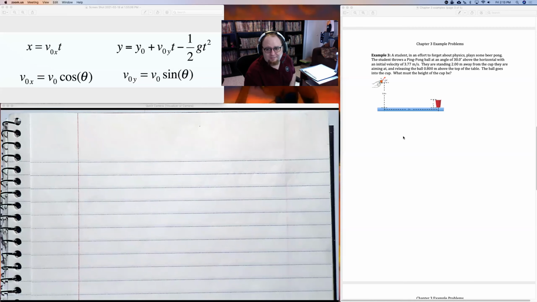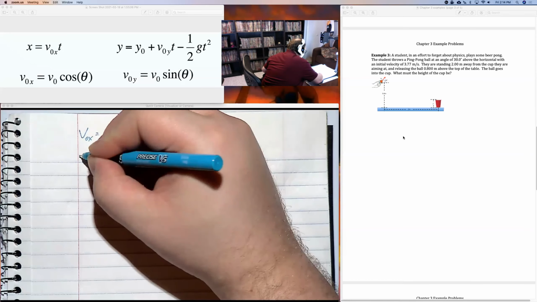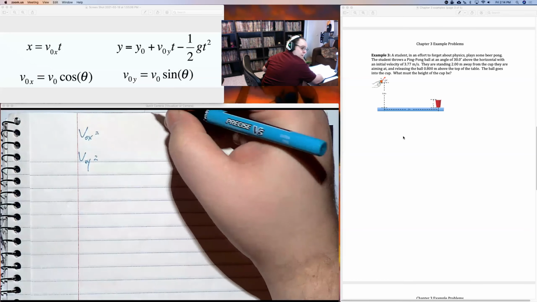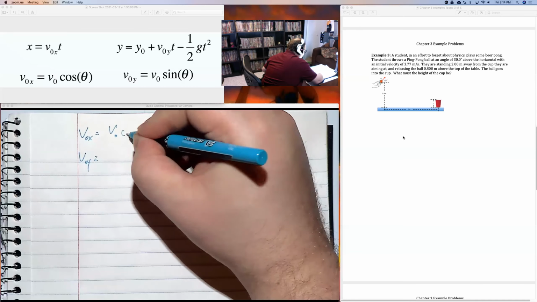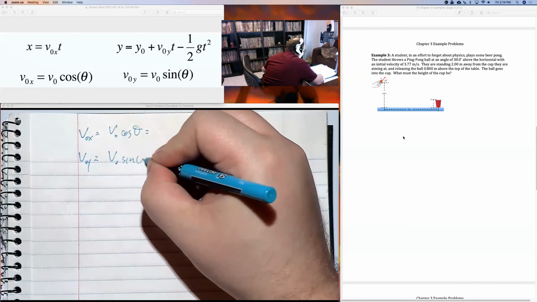It says, a student, in an effort to forget about physics, plays some beer pong. A student throws a ping pong ball at an angle of 30 degrees above the horizontal with an initial velocity of 3.77. Okay, that means I can get my V naught X and my V naught Y. V naught X is V naught cosine theta. V naught Y is V naught sine theta.